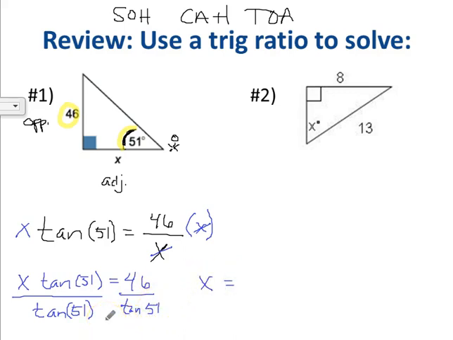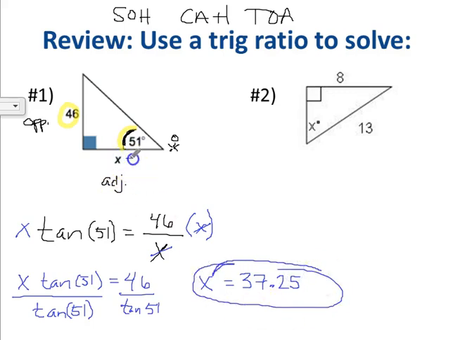I type into my calculator 46 divided by tangent 51, and when I round to 2 decimal places, I get 37.25. So that is this side length here. It's going to be 37.25.